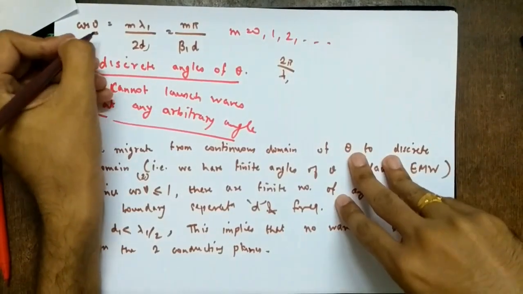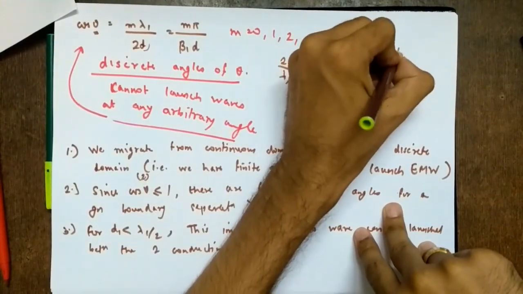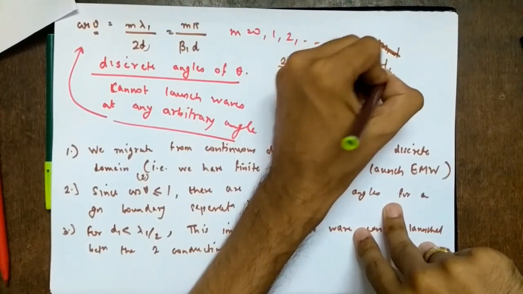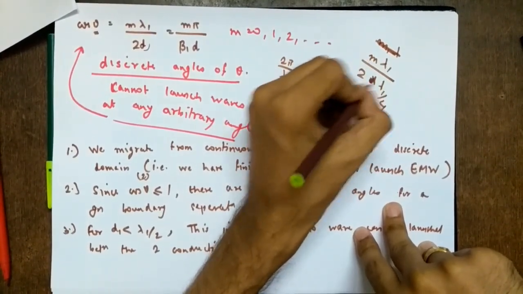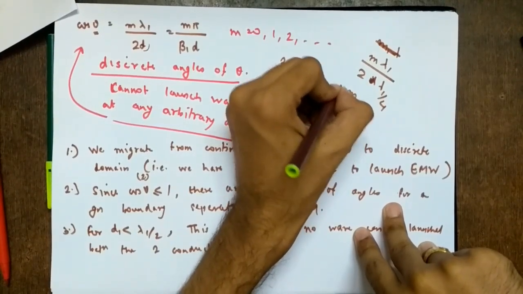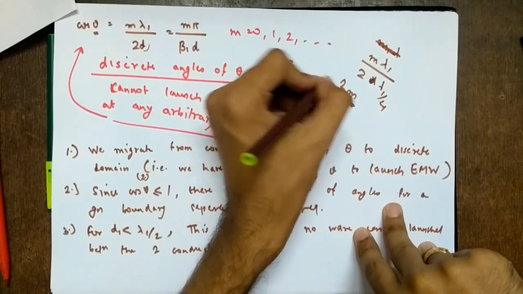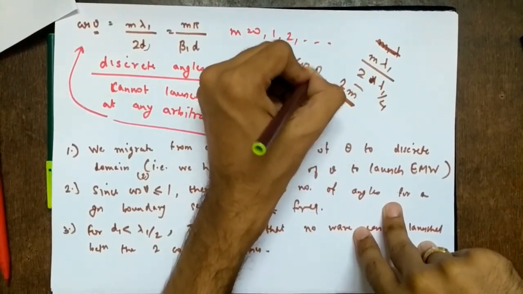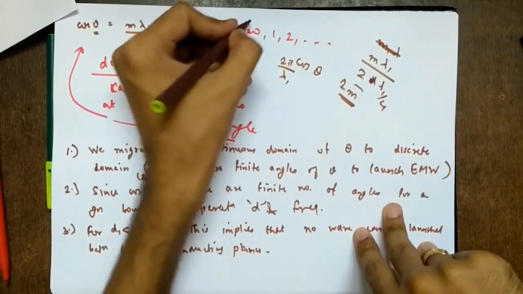If you take d less than lambda 1 by 2, for example lambda 1 by 4, then m lambda 1 upon 2 times lambda 1 by 4, so lambda 1 gets cancelled. This will be 2m. Let's say m is 1, the smallest value of m apart from 0.